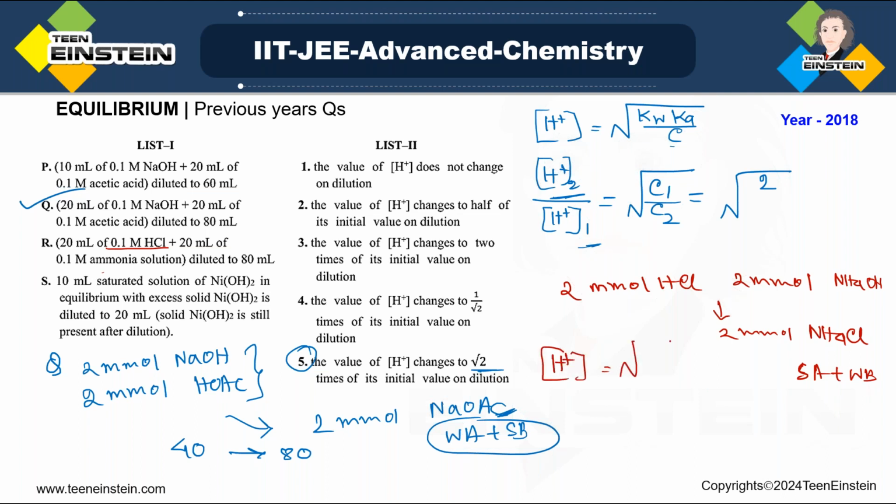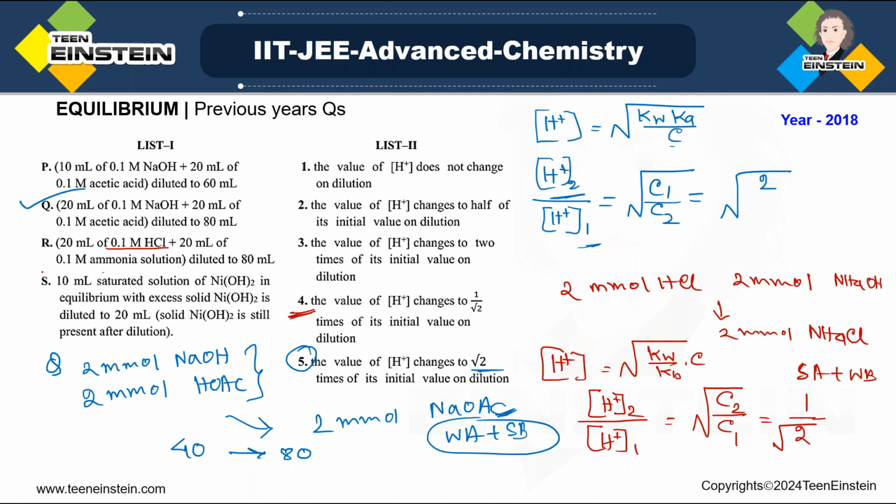Now it is root over KW multiplied by C. In this case, if you compare H plus 2, that is the ratio, it will be C2 divided by C1, which is equal to 1 by 2. So H plus 2 is basically root over 1 by root 2. So it is matching with 4.